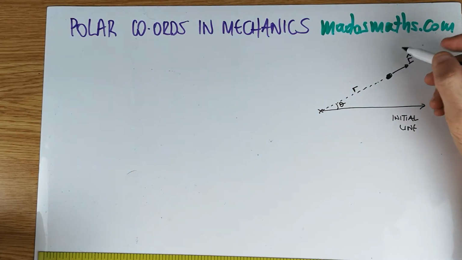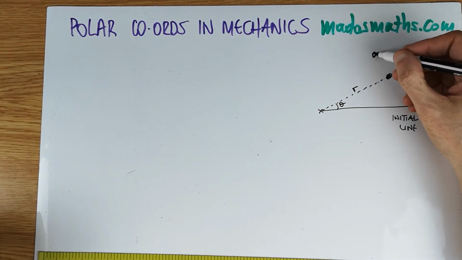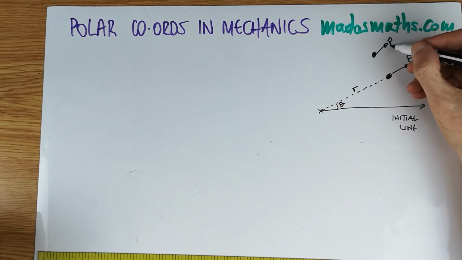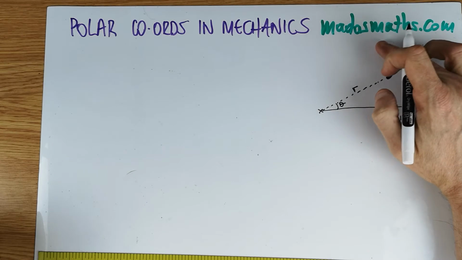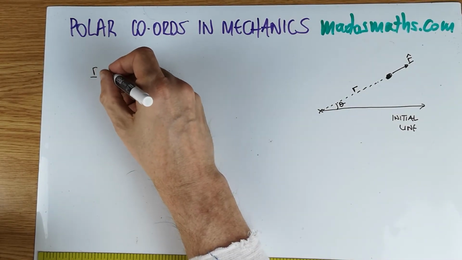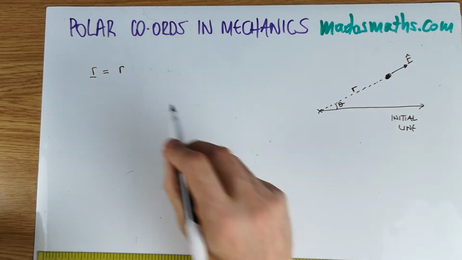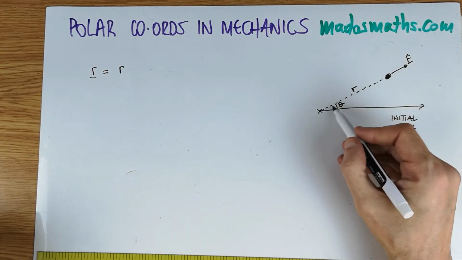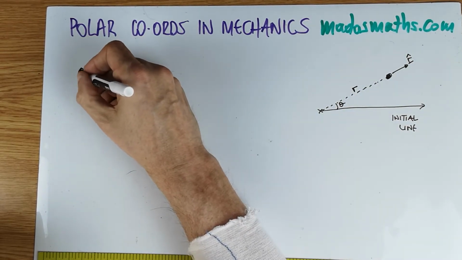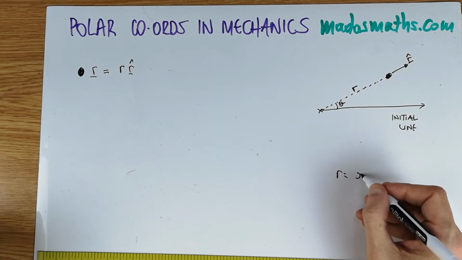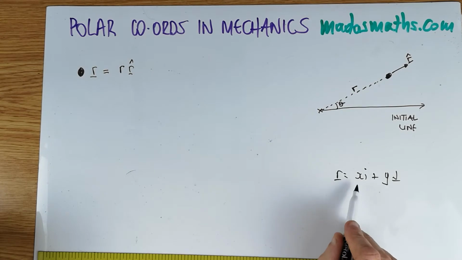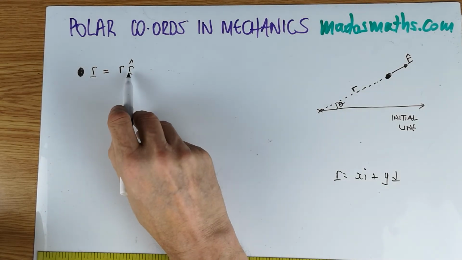So if I move it somewhere else, although it's a different theta, it's also a different r hat. Therefore, a way of writing this is my position vector r is some scalar r, this distance here, in the r hat direction. So this is the position vector. It's like saying r is equal to x i plus y j, so vector. This is basically equivalent, only it requires an r hat.